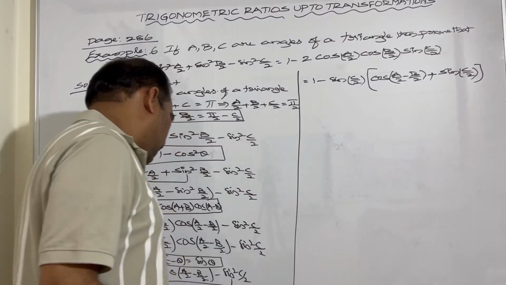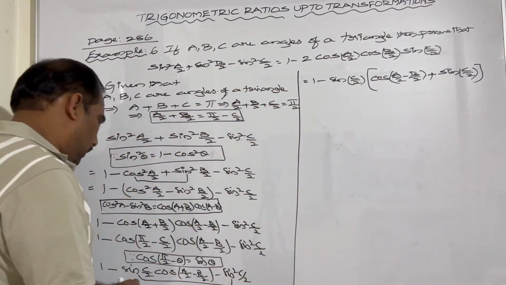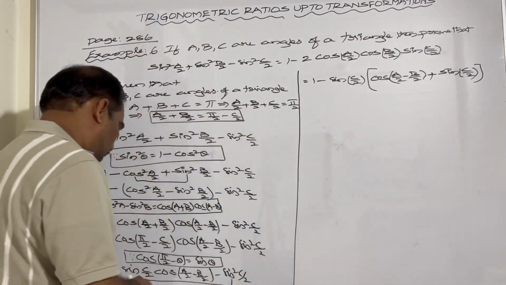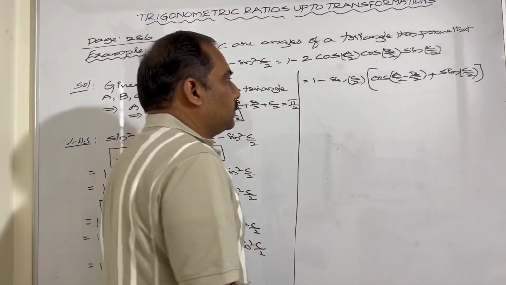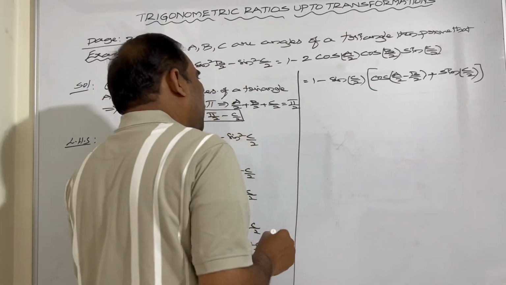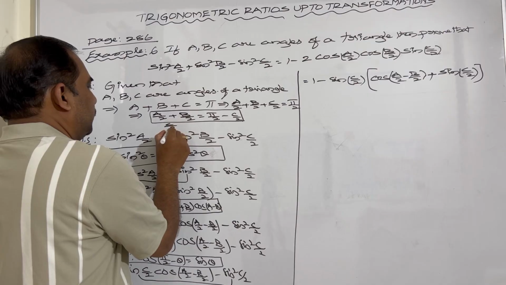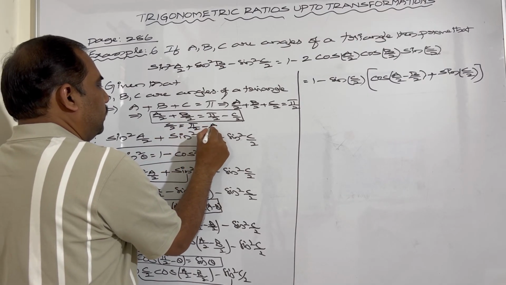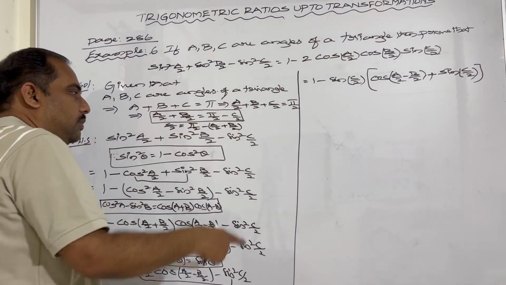So now, which is equal to, if you multiply here, minus sin C by 2 into cos of A by 2 minus B by 2 is as it is. And minus into plus here, this is also minus sin C by 2 into sin C by 2 is sin square C by 2. Again here, C by 2 we can also write from the same condition as 90 minus of A by 2 plus B by 2.